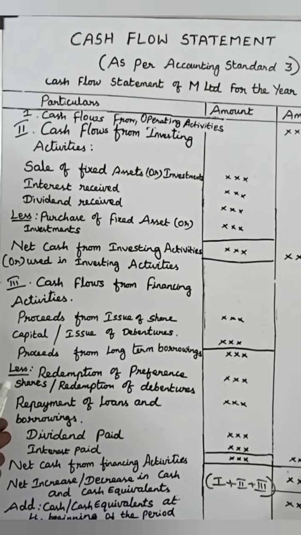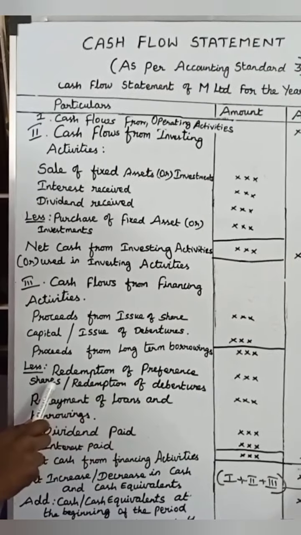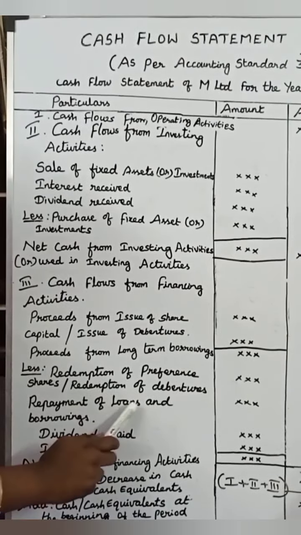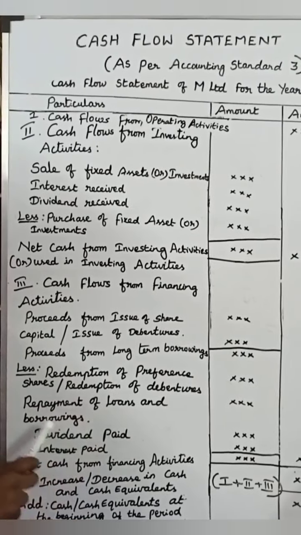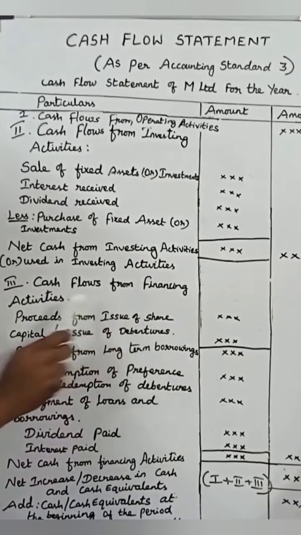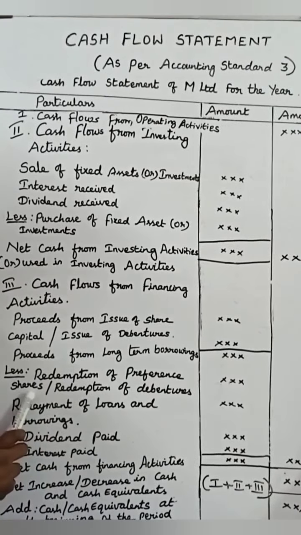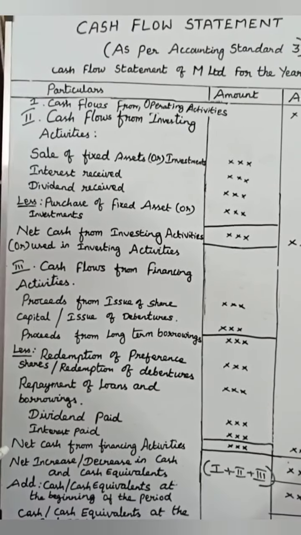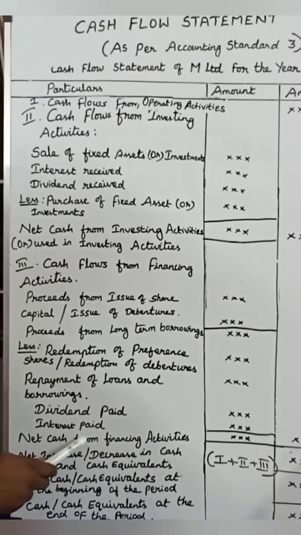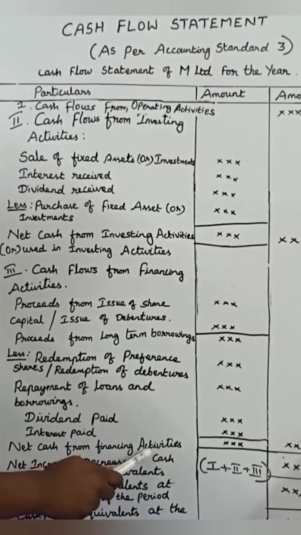And next, the redemption of debentures, redemption of preference shares, and repayment of loans and borrowings. These transactions result in cash outflow from financing activities. So, we have to subtract this information. We will get net cash from financing activities or net cash used in financing activities.